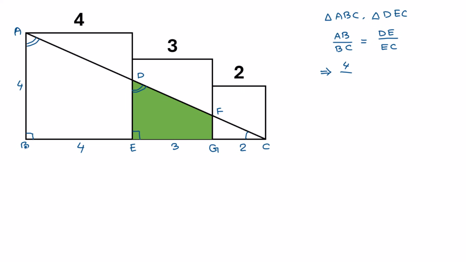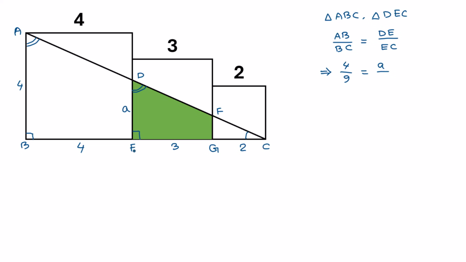So total length BC is equal to 4 plus 3, 7, plus 2, 9, is equal to DE. Consider this length DE as A, so A divided by EC.